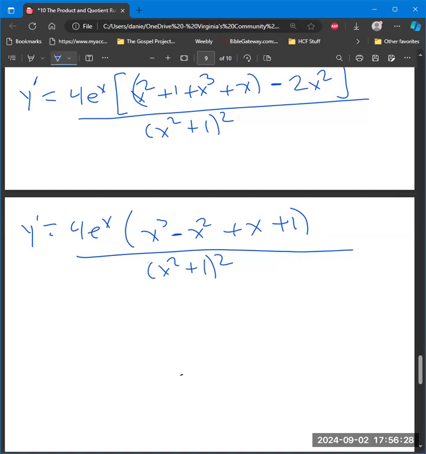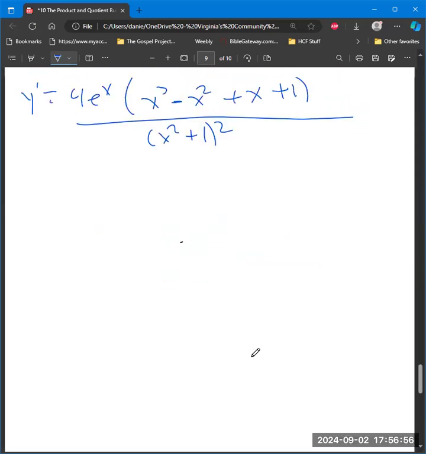So that's fully factored there. All right. So let me scroll on down here. 4e to the x times x cubed minus x squared plus x plus 1 in the numerator, and x squared plus 1 quantity squared in the denominator is my final answer there.